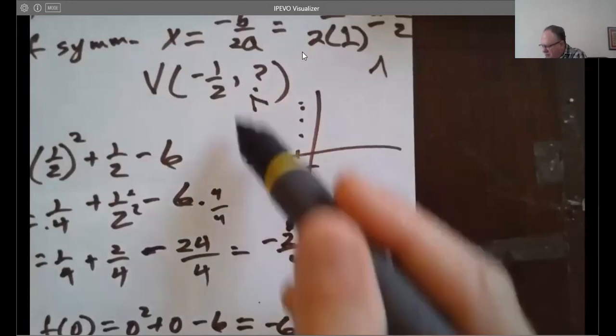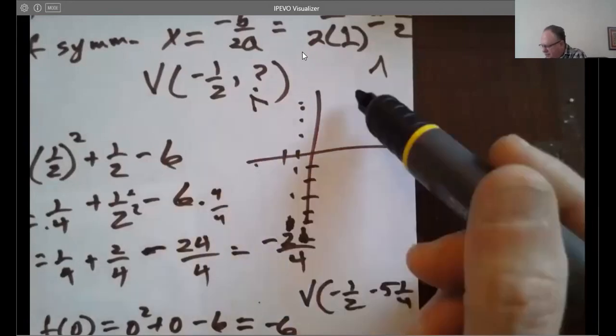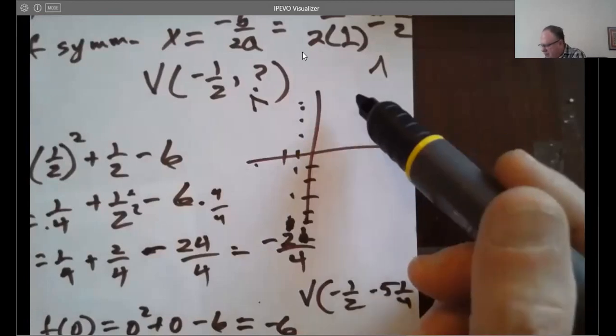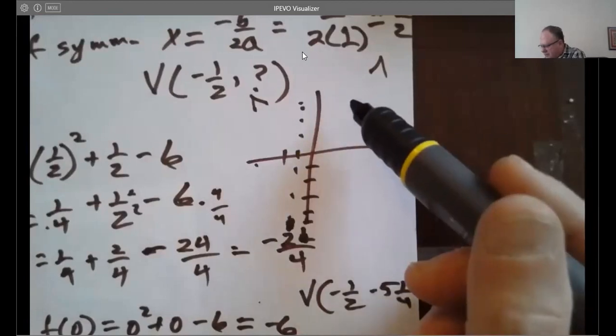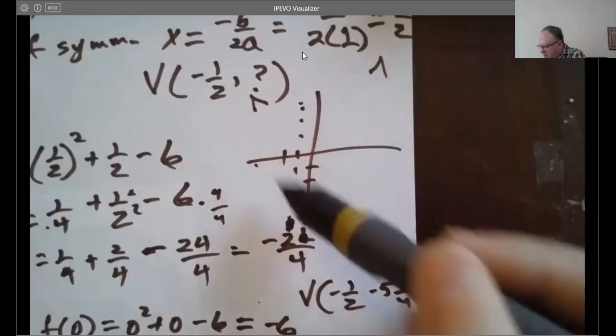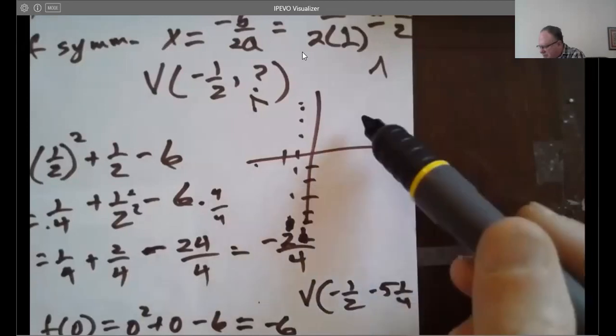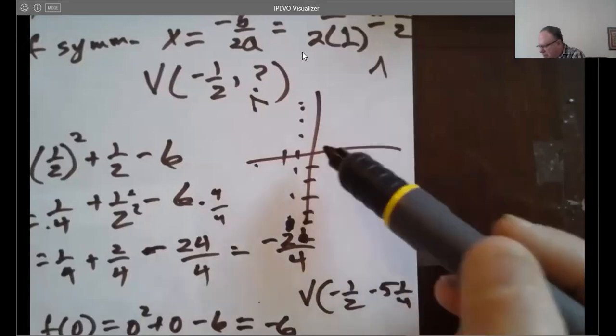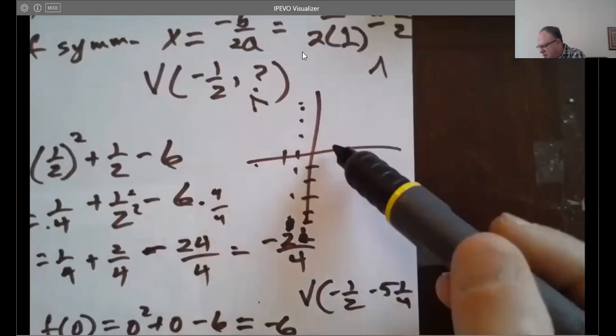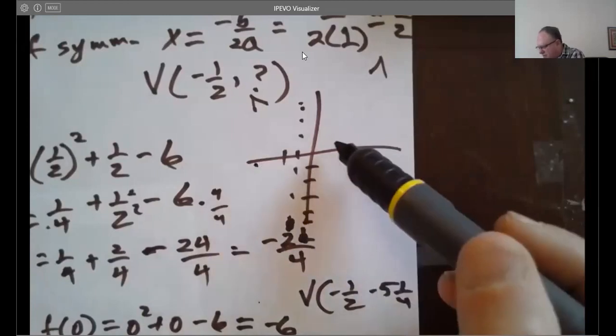The graph is going to intercept the x-axis. So you want to know where, and it's going to intercept the x-axis where y is 0.